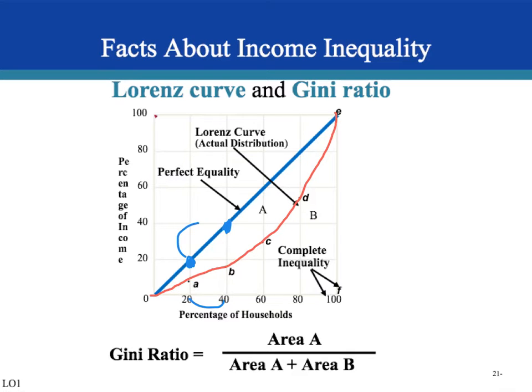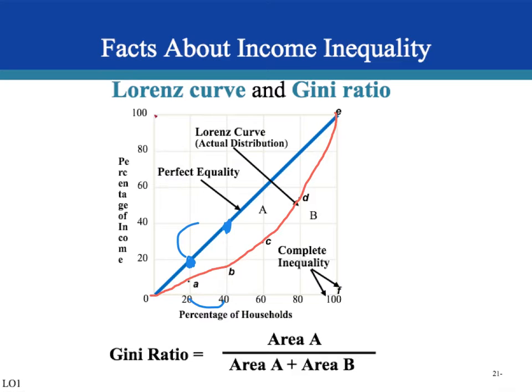The closer the Lorenz curve is to the perfect equality line, the less income inequality there exists, and the further bowed out it is from the perfect equality line, the more income inequality that exists.